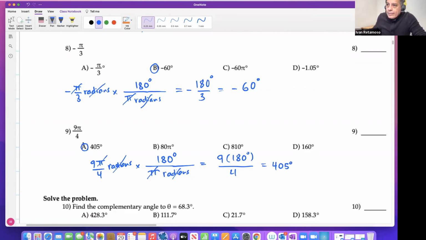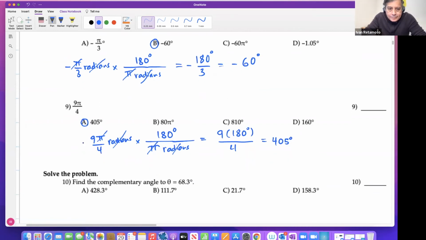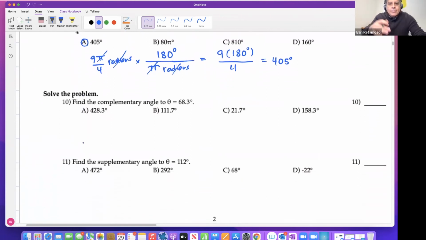Very good. Moving on. Now, this deals with complementary angles and supplementary angles. It says find the complementary angle to theta equals 68.3 degrees. Recall, theta and 90 degrees minus theta are complementary angles, right?